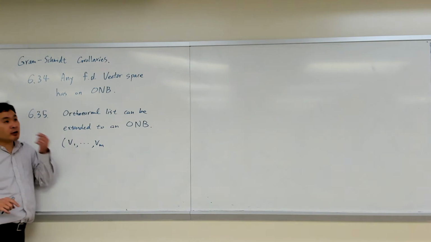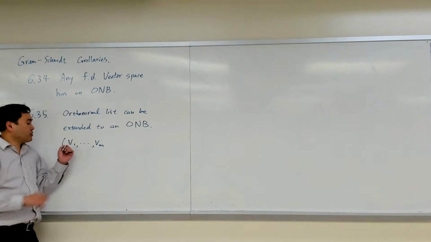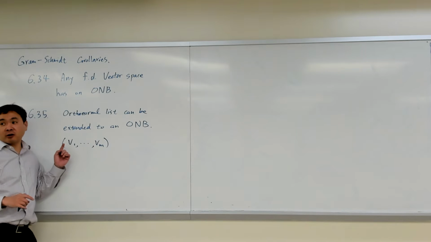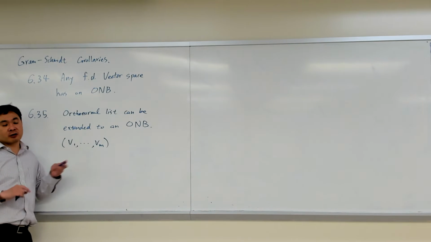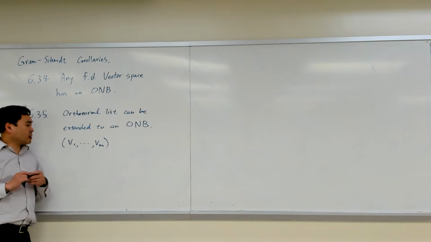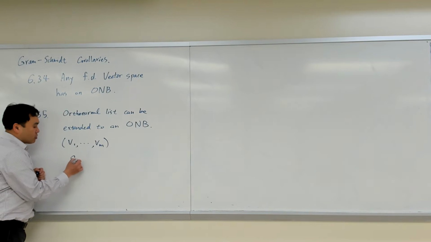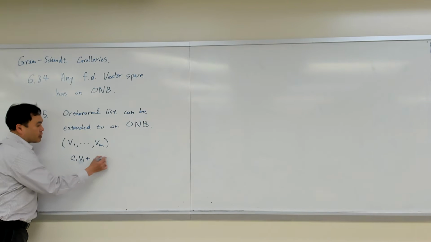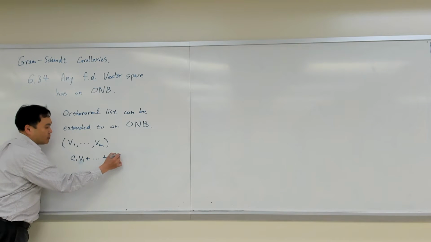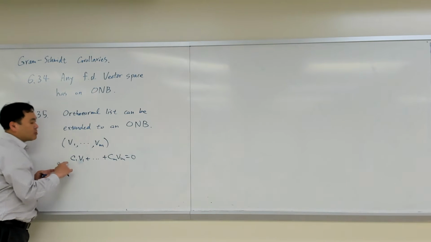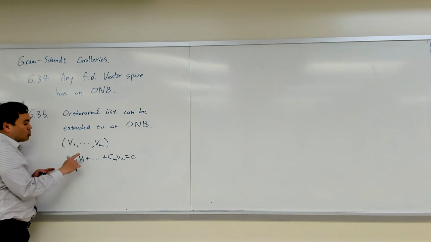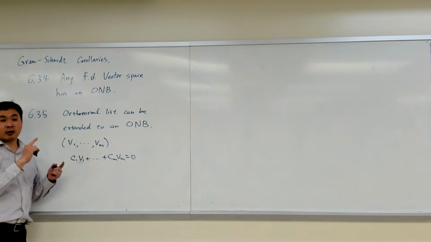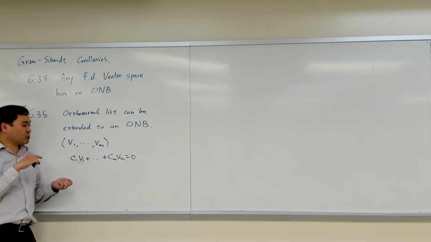By the way, if you have a list of vectors that are orthonormal to each other, then that is linearly independent. Why is that? Well, say C1 V1 plus ... Cm Vm, let's say this is an orthonormal list, meaning that all of these are size 1 and they're mutually orthogonal to each other.